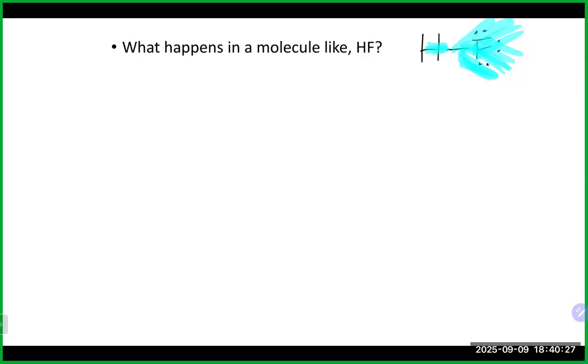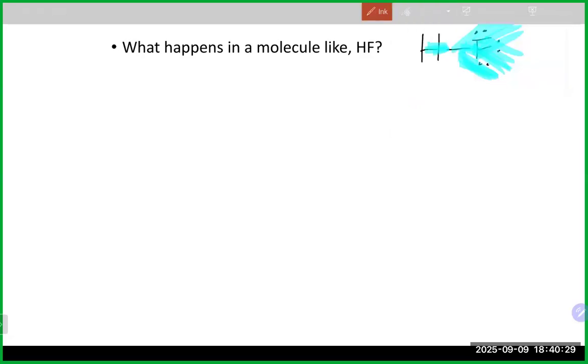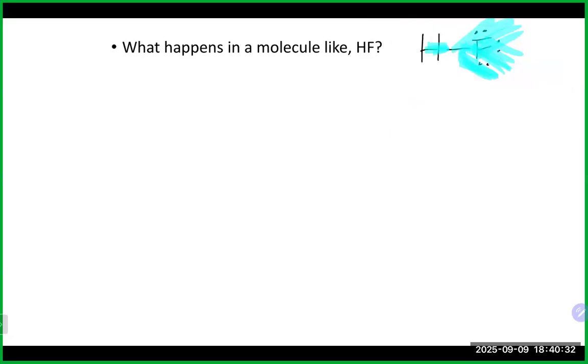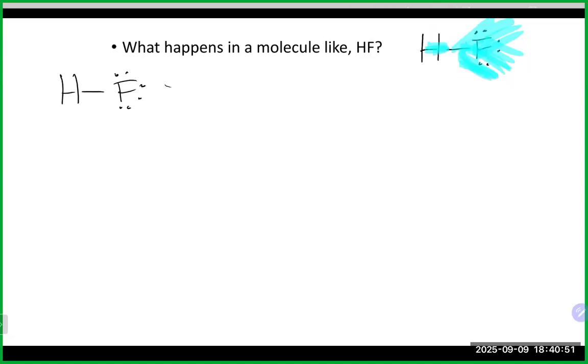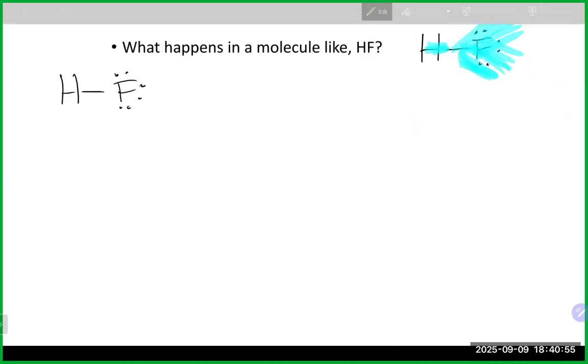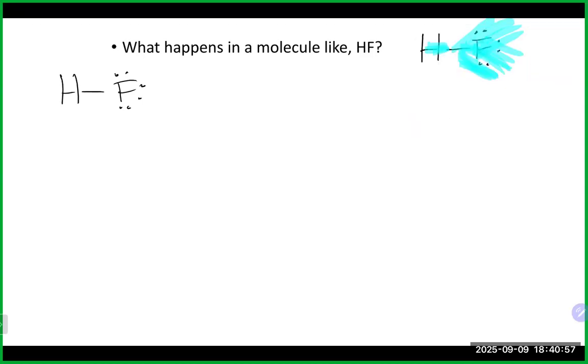The result of that is it's going to affect this bond. If that occurs, would I expect the fluorine side to be more positive or more negative in this case? If all the electrons are hanging out on fluorine, it should be more negative, right? Electrons are negatively charged. So if all the electrons vacation over there by fluorine, you're going to end up with a more negative charge on the fluorine.